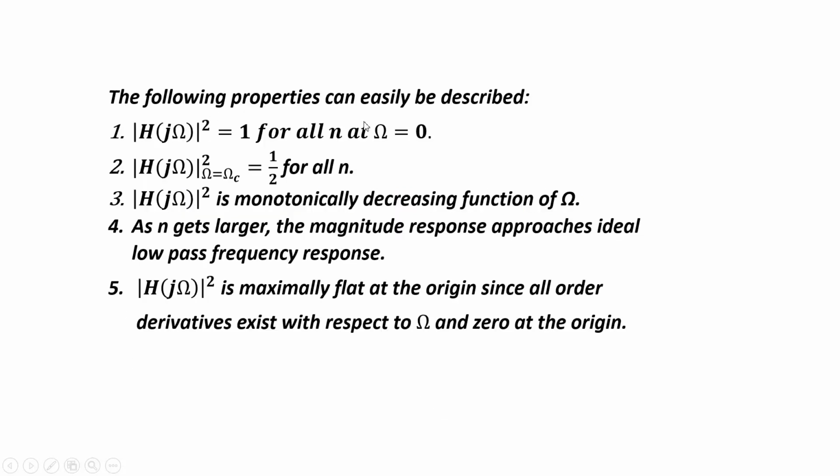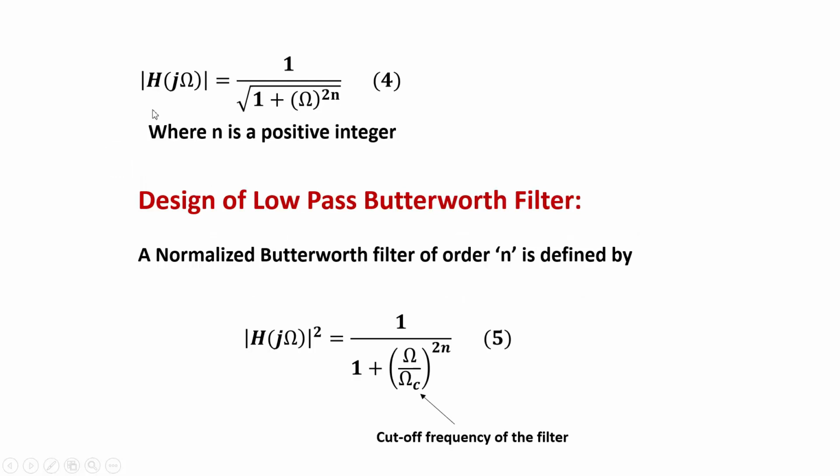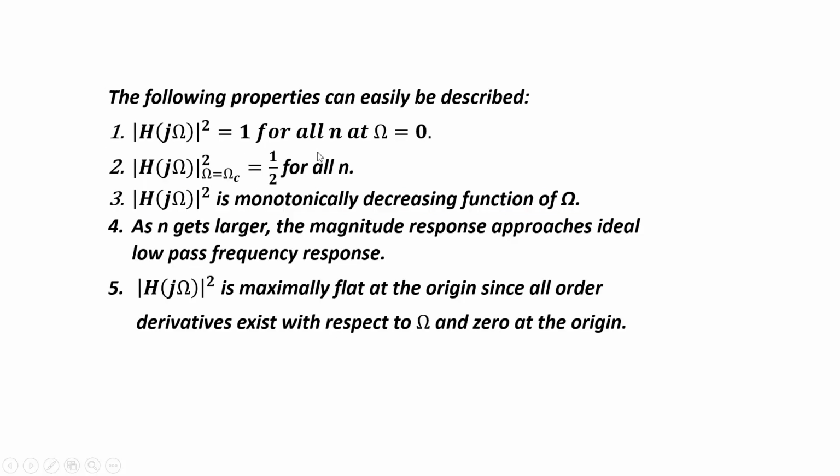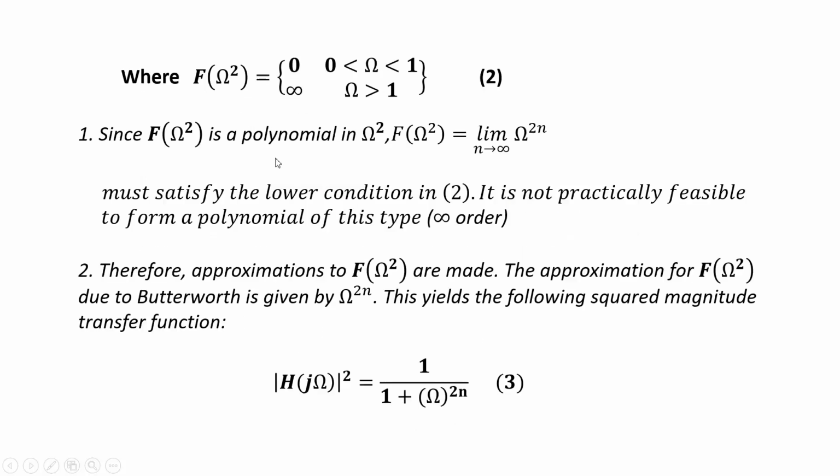Now the following properties can easily be described. This |H(j omega)| squared, I'm talking about this response, is 1 at zero frequency for all orders of n. We know that's the specification at 0, and at the cutoff frequency it is 1 by 2.